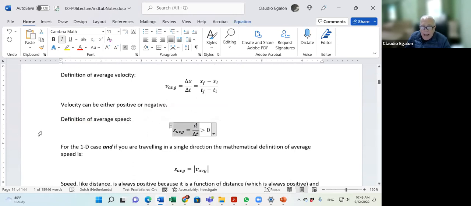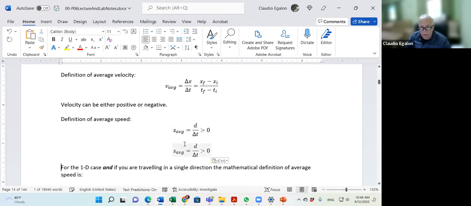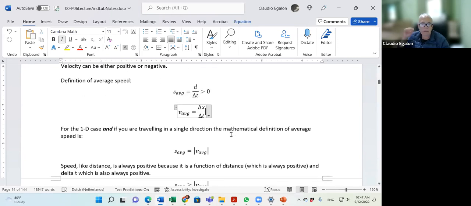Remember average velocity? Average velocity is delta x over delta t, and it can be either positive or negative, but average speed is d over delta t.